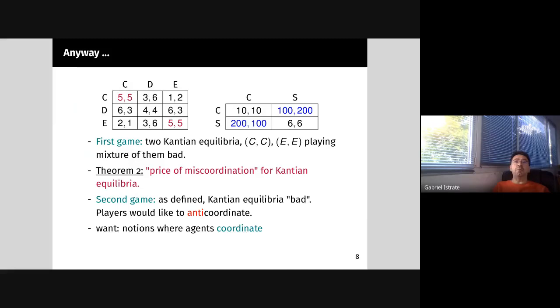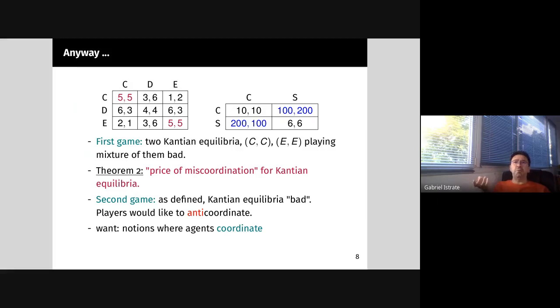playing mixed Kantian equilibrium. So let's take the game on the left. It has two pure Kantian equilibria. And for mixed Kantian equilibria, remember that a player is expecting that if it plays a strategy, then the other player is also going to play the same strategy. So one can talk about taking a convex combination of C and E under a Kantian scenario, and that would also be optimal.